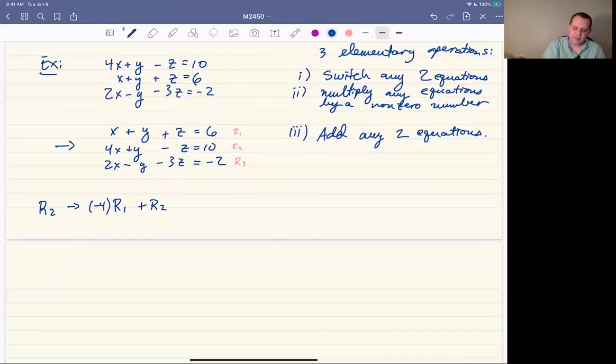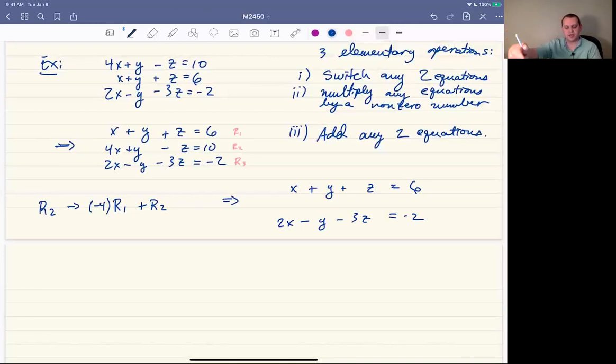Our system is going to become, so the only thing that's going to change is row 2. The top and bottom equations stay the same: x plus y plus z equals 6, and 2x minus y minus 3z equals -2. For the middle equation, I'm going to take -4 times the first equation and add it to the second. So we get -4 times x plus 4x, which is 0.